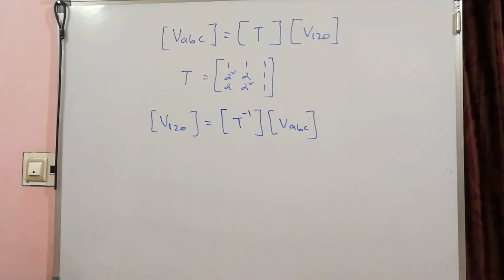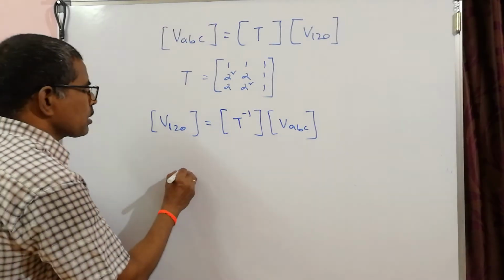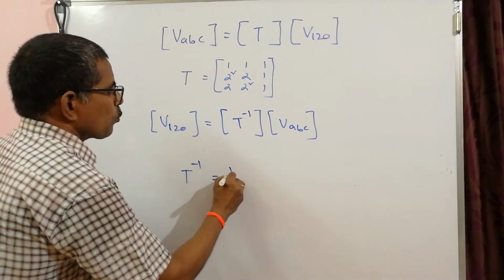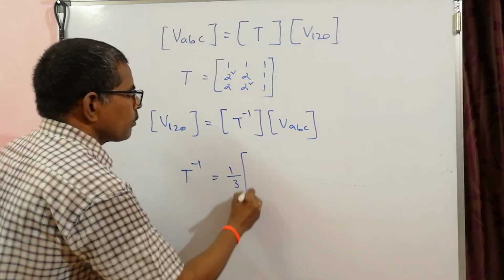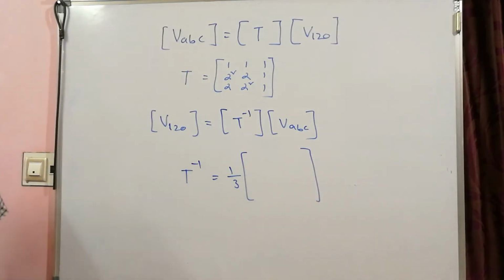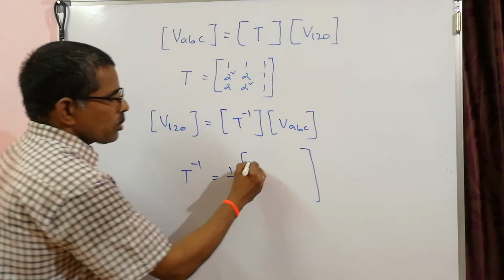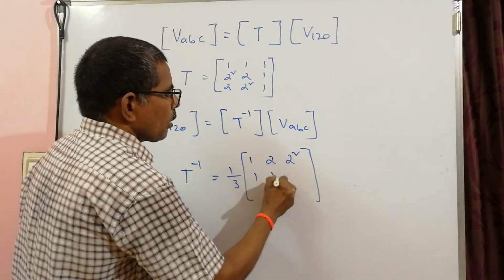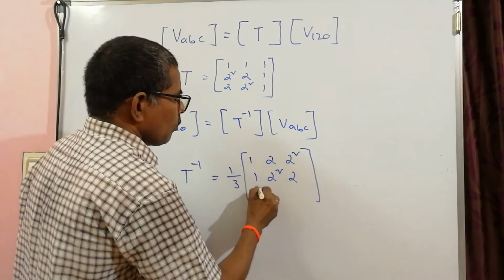What is T inverse? Solve for T inverse, all of you. It is 1/3 of the T inverse structure: 1 alpha alpha square, 1 alpha square alpha, 1 1 1.